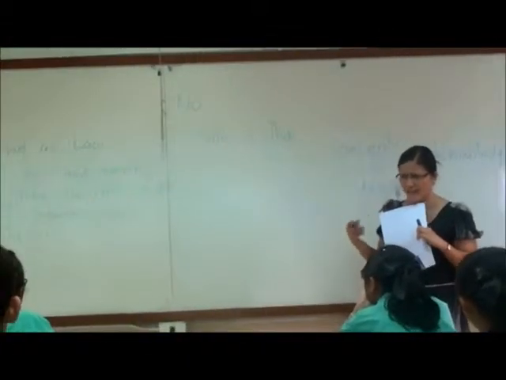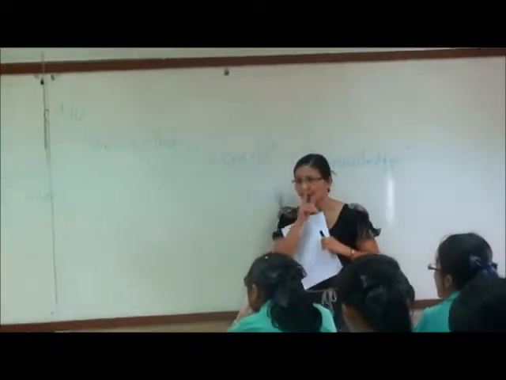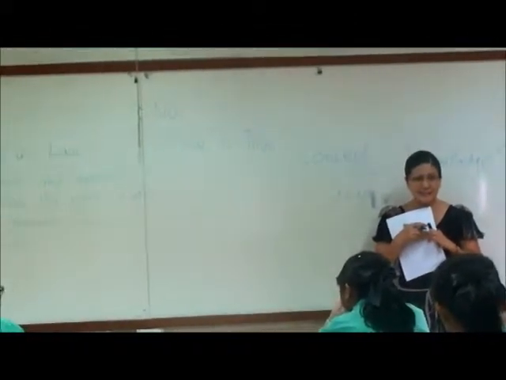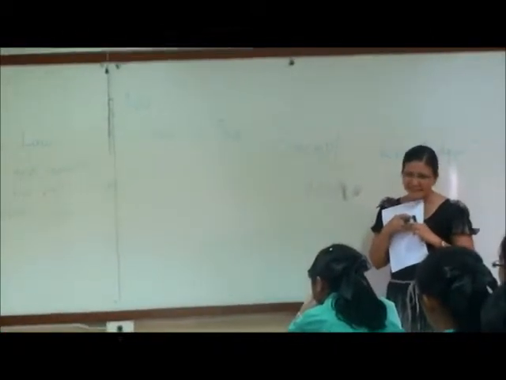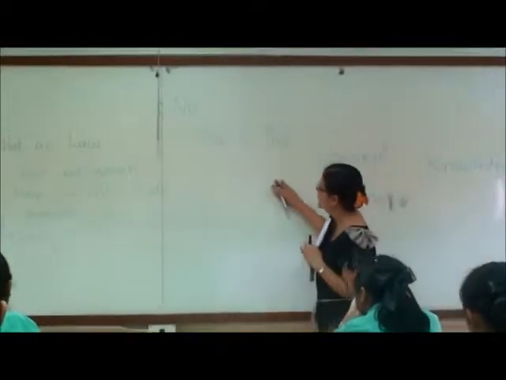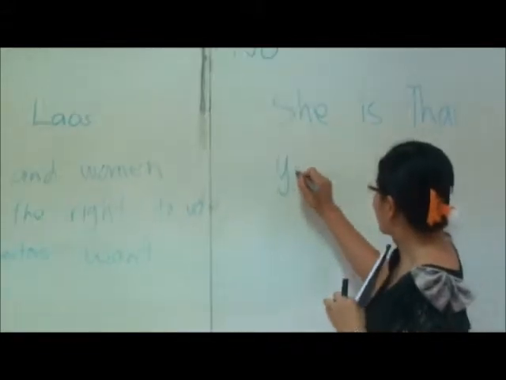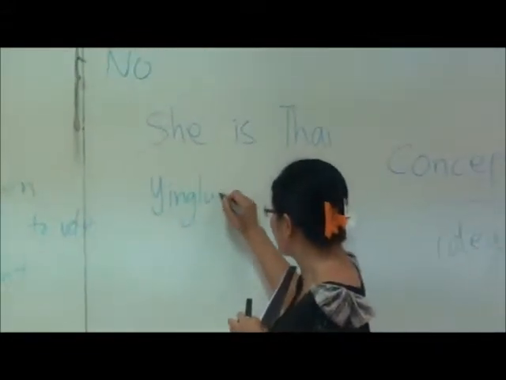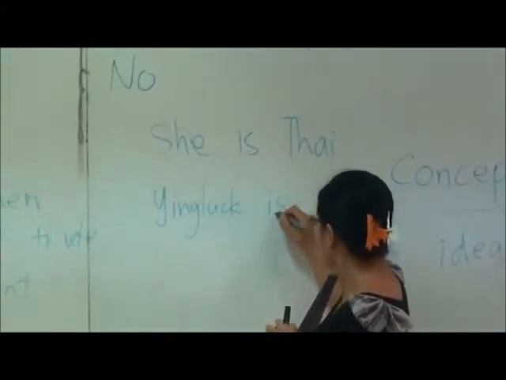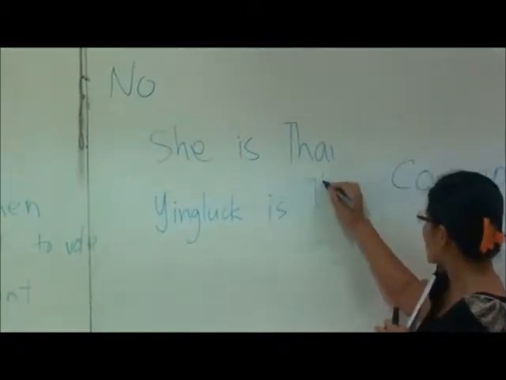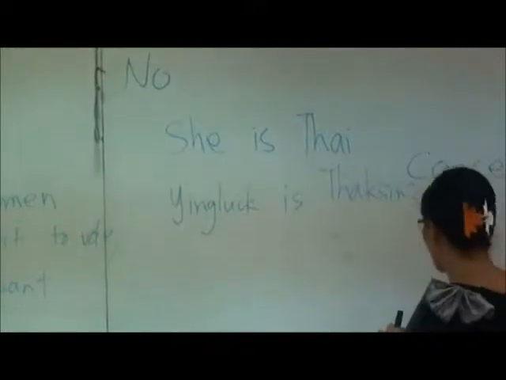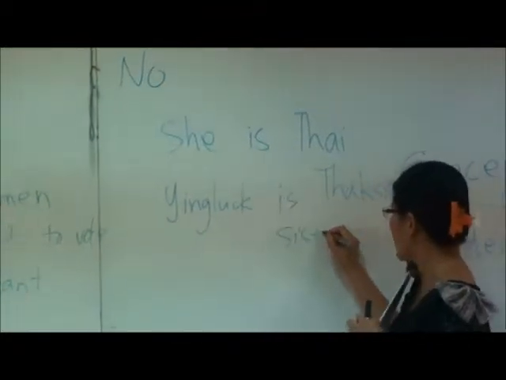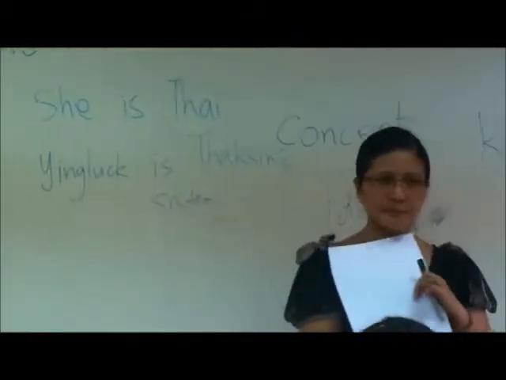Can you now guess? Did you think? You think you have the idea? Don't say it. But you think you have the idea? Not yet? Okay. I'll give you another example. Yingluck is Thaksin's sister. Right?